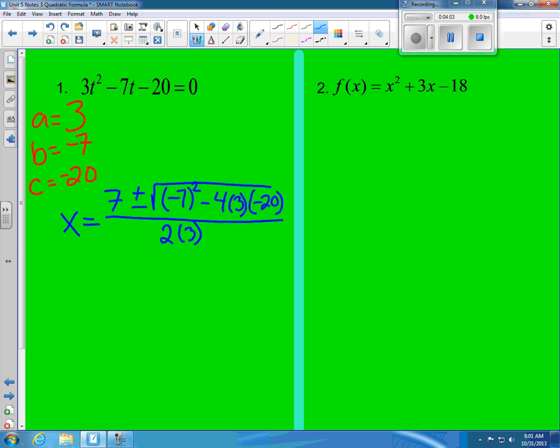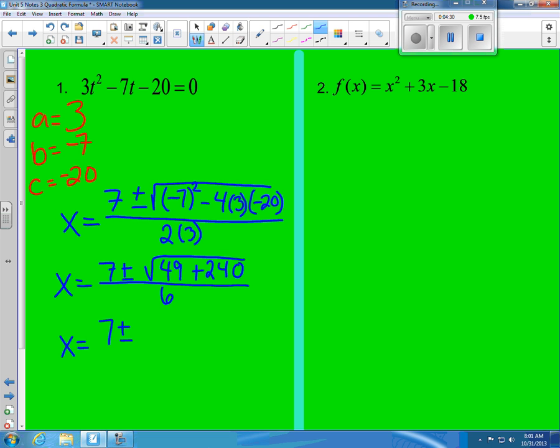So we're going to simplify, and again, we're going to start simplifying underneath that square root sign. So we have our 7 plus or minus the square root. Negative 7 squared gives us 49. We have negative 4 times 3 times negative 20. That's going to turn into a positive 240. All over 2 times 3 gives us 6. Again, keep simplifying underneath that square root sign.